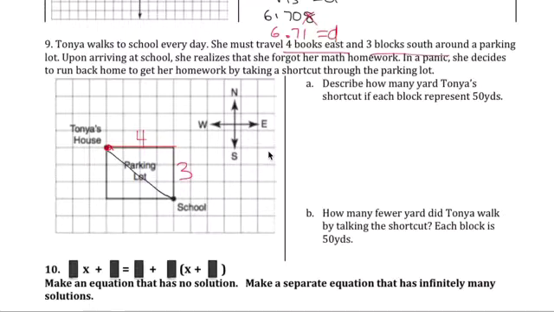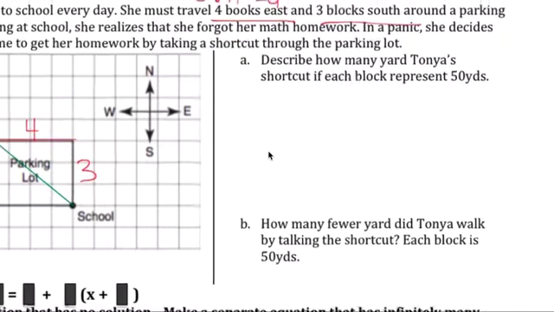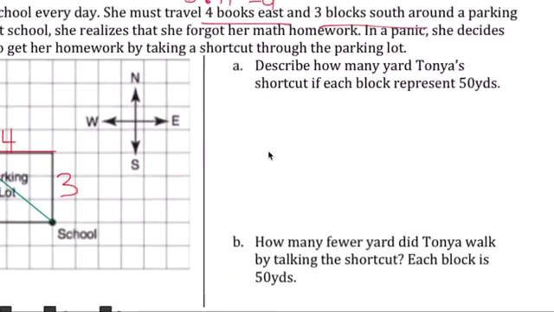So she's going to take the shortcut right there. I'll use the green. Describe how many yards Tanya's shortcut is if each block represents 50 yards.